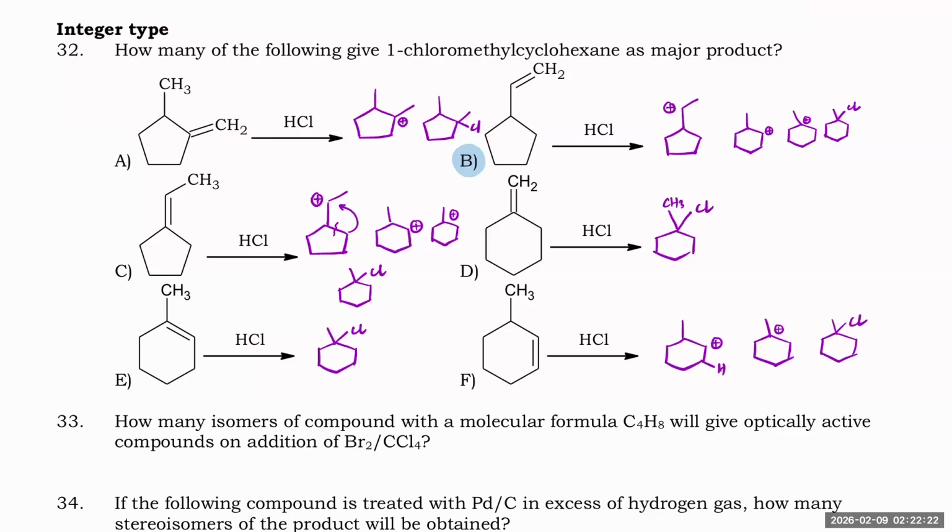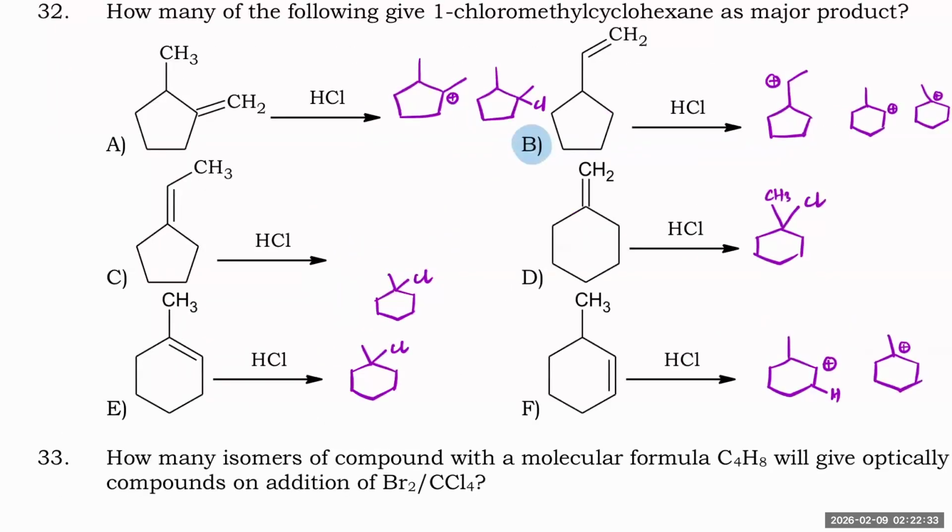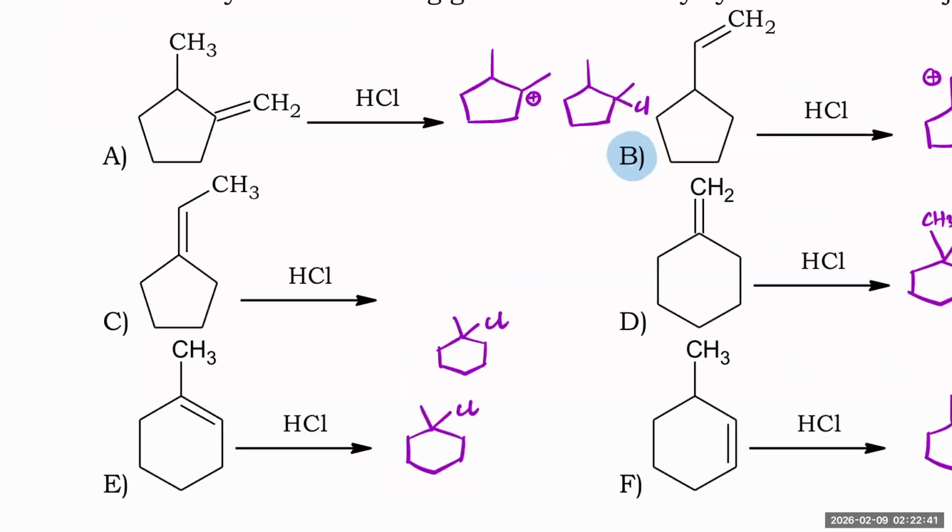Now, here is an interesting part, everybody. If you have a five-membered ring, you should only go outward if outside is at least tertiary or more stable than this position. Let me show you an example.